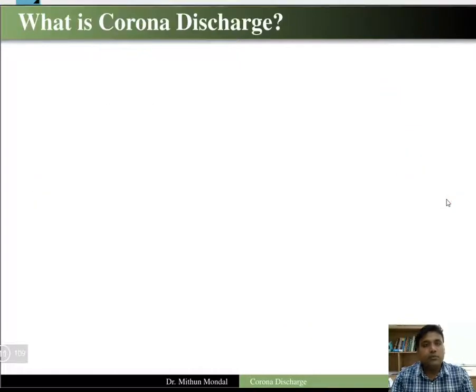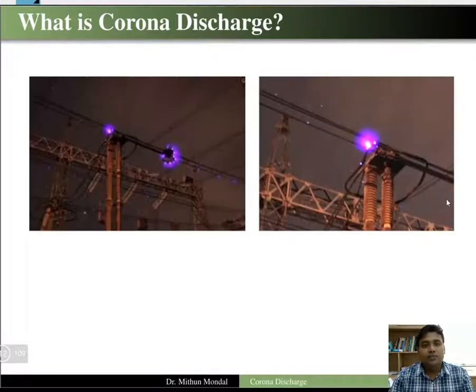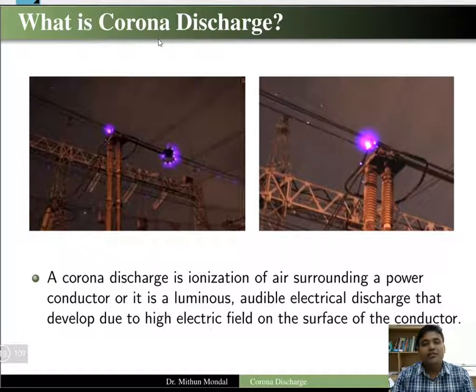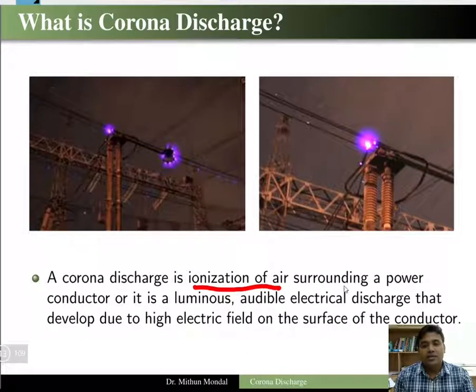Okay, then what is corona discharge? Generally we see on the transmission line a glow at certain points. This glow on the transmission lines is generally known as corona discharge. So how do we define it? Corona discharge is ionization of the air surrounding a power conductor. Whenever there is a power conductor, it is surrounded by air, and there is a luminous audible electrical discharge.